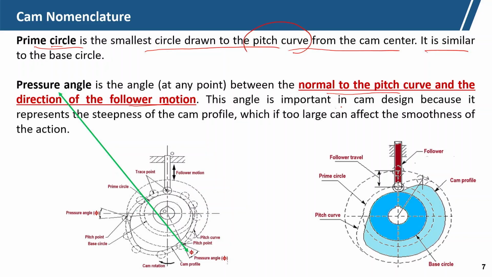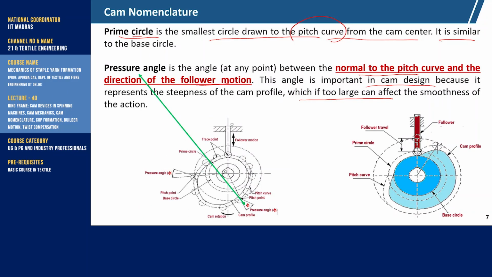This angle is important in cam design because it represents the steepness of the cam profile. If it is too large, it will cause jerk and affect the smooth running. So, we cannot have a very high pressure angle. We have to watch that, and we can reduce the pressure angle by adjusting the base circle. That is also important.